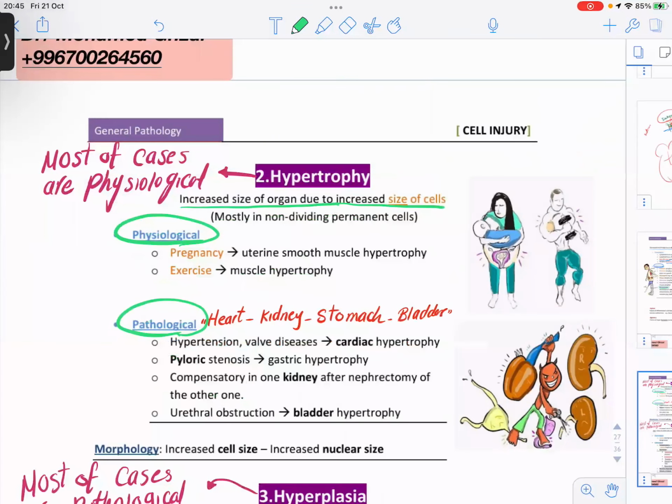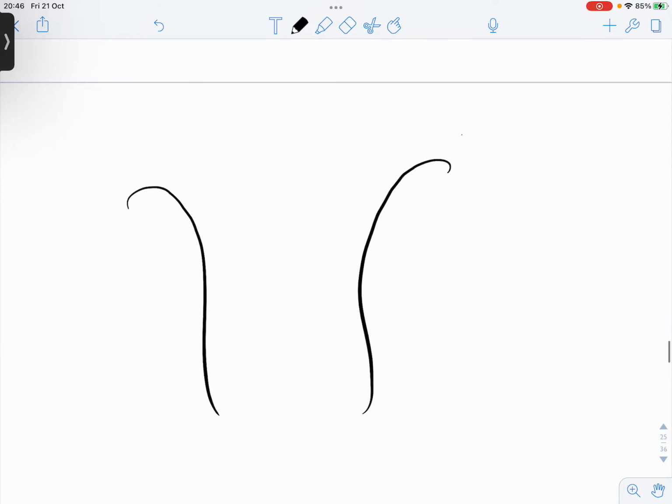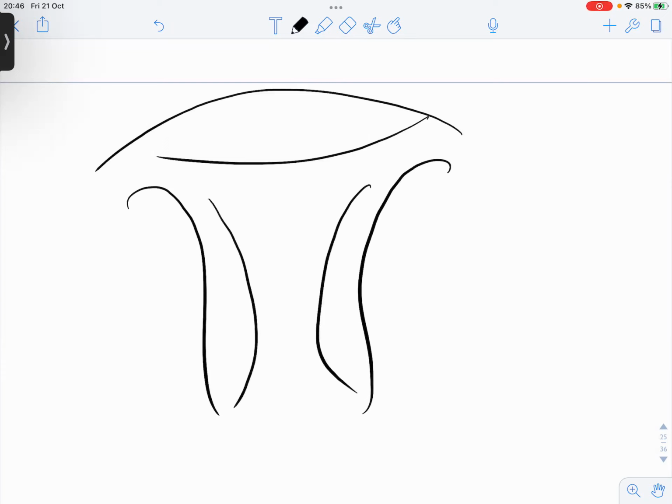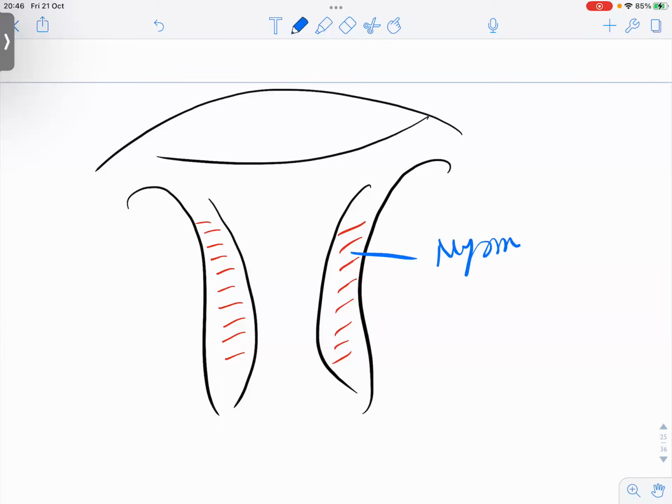During pregnancy, and we will also talk about pregnancy in detail. We have a complete chapter talking about menopause, pregnancy, and the female sex hormones. During pregnancy, this is the myometrium, and here, of course, the endometrium.